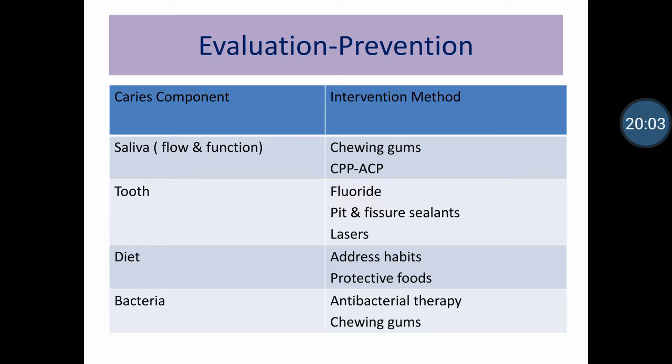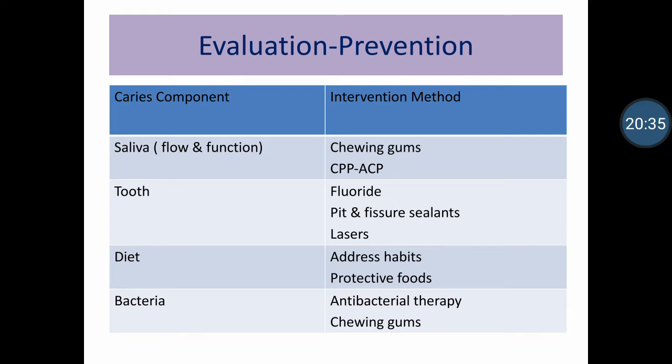The bacterial biofilm can be modified by various antibacterial therapy like chemical agents, antibiotics or chlorhexidine, xylitol and sodium hypochlorite, which can be used in modifying the biofilm or altering the metabolism, and also by chewing gums, as we learnt just now about xylitol, because this xylitol is resistant to mutans streptococci metabolism.